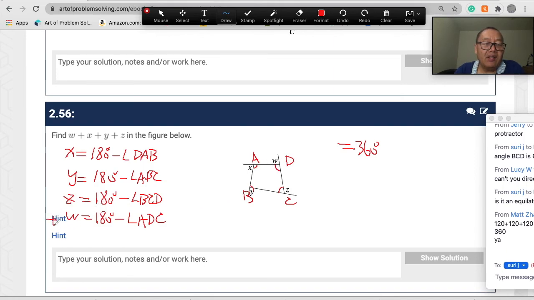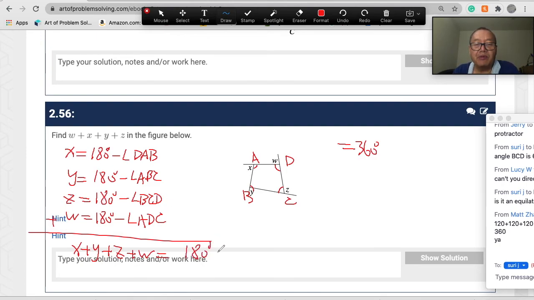Then you add these four equations together. On the left side you get x plus y plus z plus w. The right side equals 180 degrees times 4. Then minus the sum of these four interior angles of the quadrilateral.